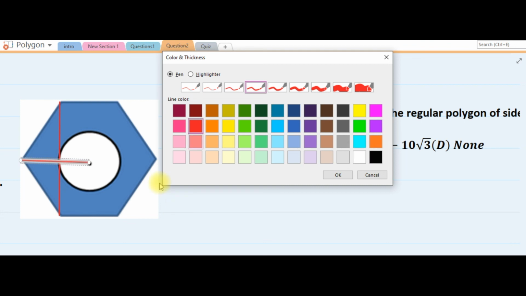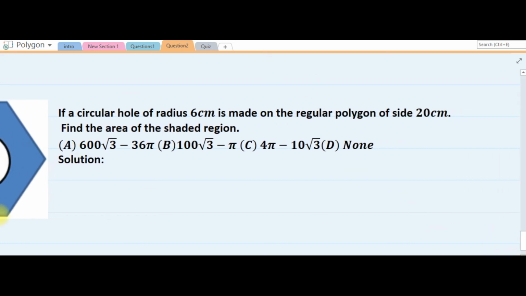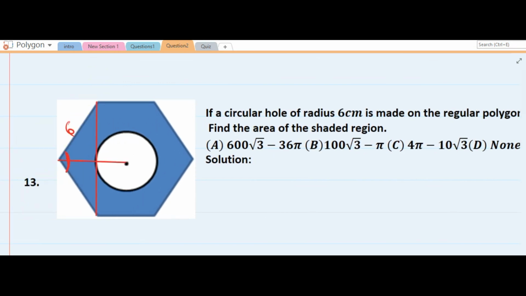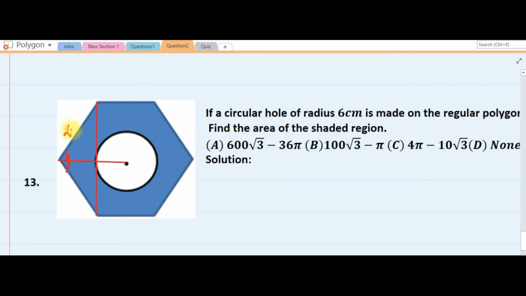Okay. Next thing we do, this is a regular polygon. Sorry, the side of the polygon is 20, not 6, so this should be 20.